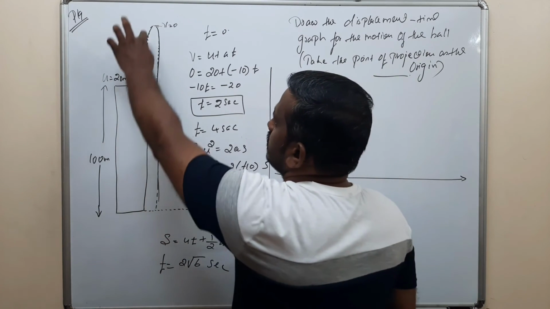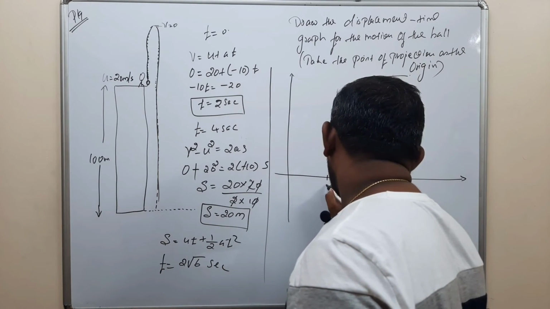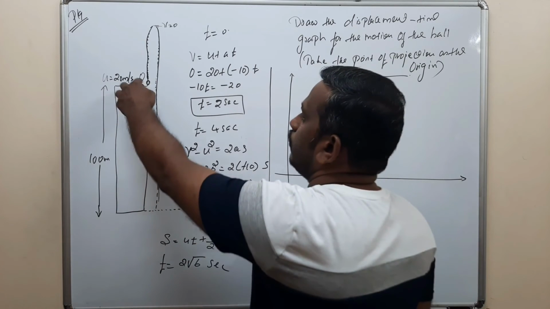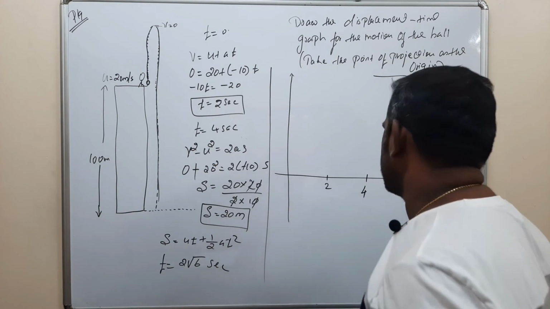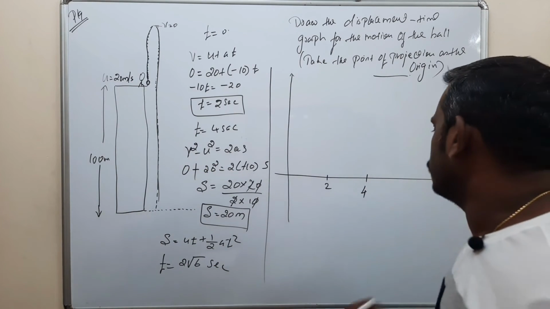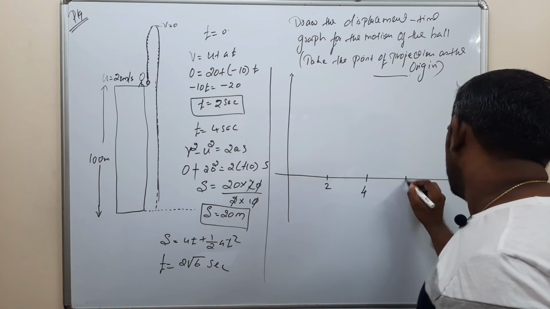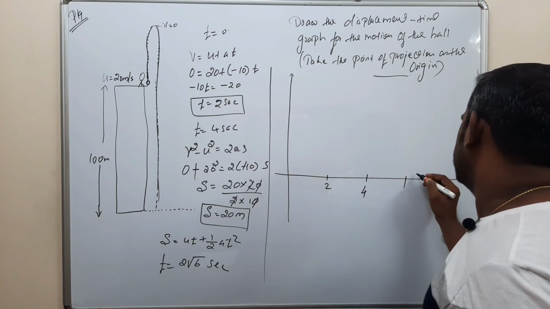When the ball reaches the maximum height, the time t is equal to 2 seconds. When the ball returns to the mean position, the time is equal to 4 seconds. When the ball reaches the ground, the time taken is 2 root 6 seconds.